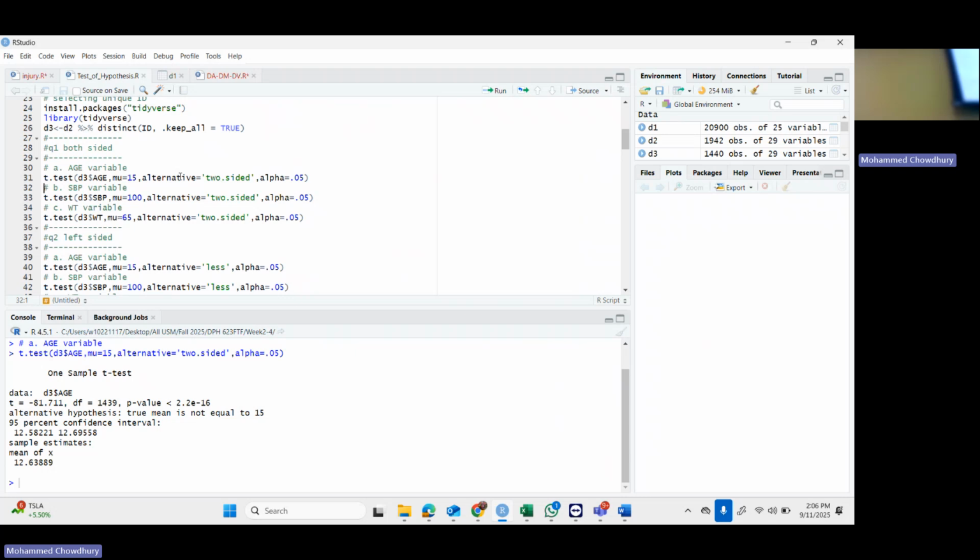So P value is less than 0.05. We reject the null hypothesis that average age of the children is 15 years. Now, where is the confidence interval? Are you seeing 95% confidence interval for the average age, 12.85 to 12.69? We tested our age equal to 15. Understand?